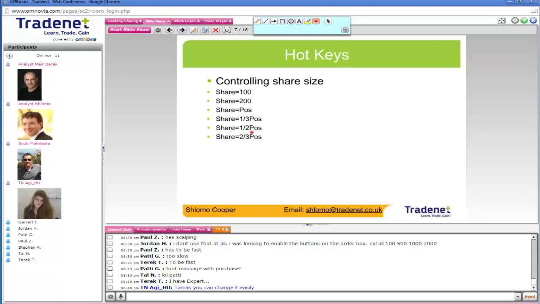For example, at my first target, I'm going to take half of my original position. At my second target, I'm going to take a quarter of my original position, which is half of the remainder. At my third target, I'm going to take 1/8 of my original position, which is exactly half of the last quarter I had. So share equals half position is great for a partial command, and we are going to see it in a moment.